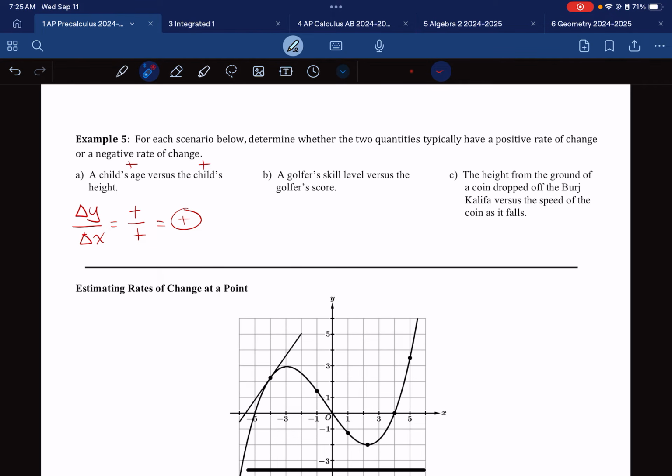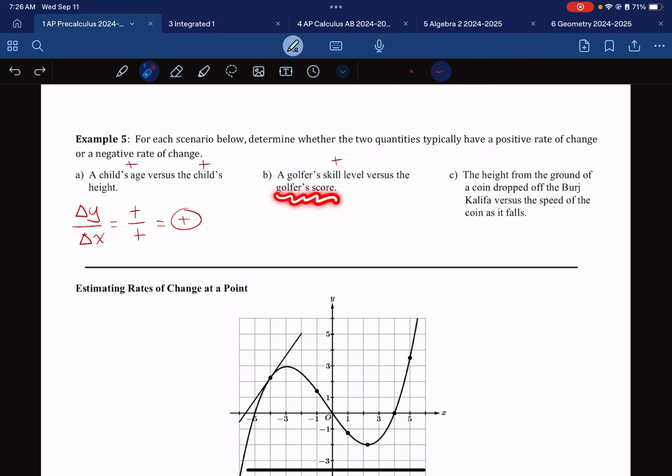All right, so let's talk about a golfer's skill level. A golfer's skill level, in theory, should go up the more that they practice. So you're going to assume that the golfer's skill level is positive. I don't know why I did a circle that time. Circle is usually reserved for the final answer, in my class at least. What about a golfer's score? Is a good score something like 100, or is a good score like 1?